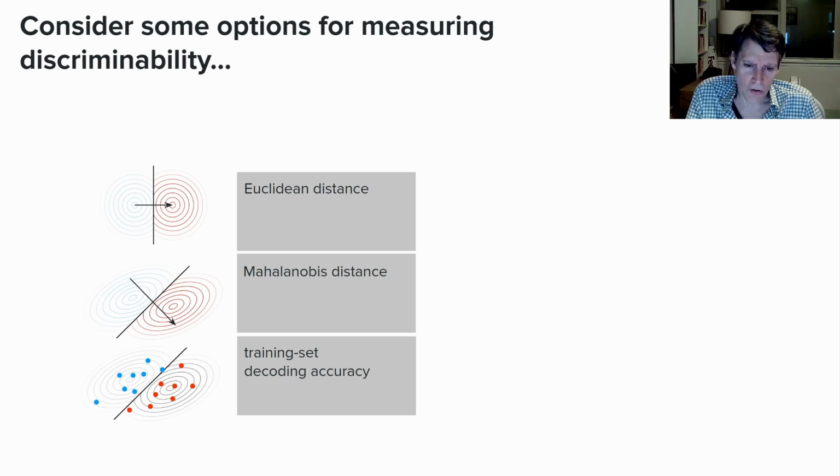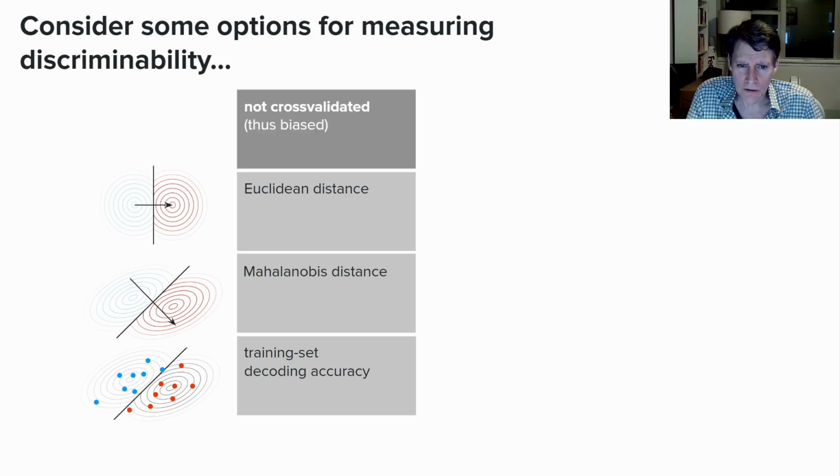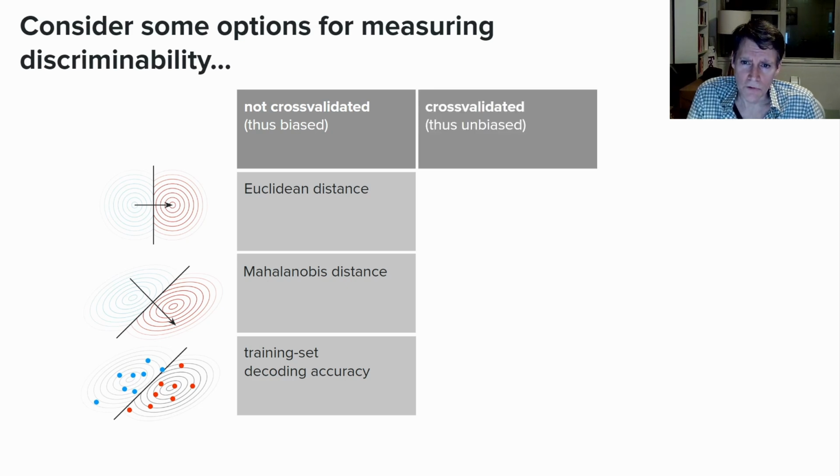And we've seen that we can also use decoding accuracy to measure discriminability, and we could, in particular, use the training set decoding accuracy as some kind of indication of how separate two classes are. But we were worried about the bias due to overfitting. You can think of all these three as not cross-validated and thus biased ways of estimating the discriminability. So an alternative is the cross-validated variant of these three.